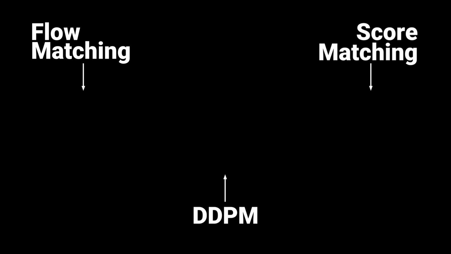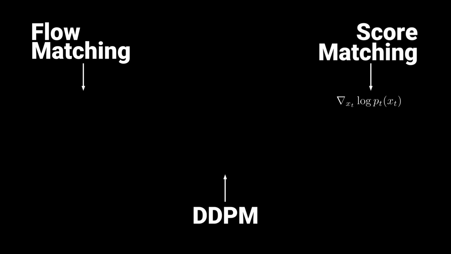Now, as far as for the videos that I made about score matching, DDPM and now flow matching, there are three different ways to approach learning pt of xt. Score matching is taking the score of pt of xt by applying the logarithm and then the gradient with respect to x.